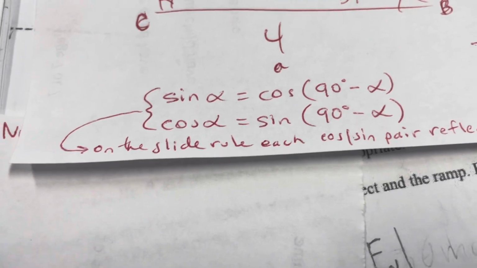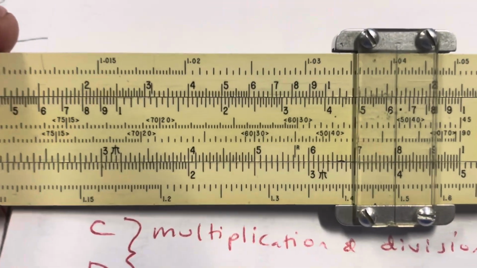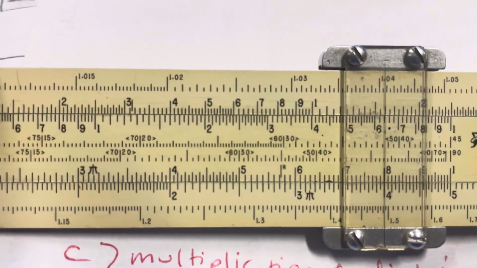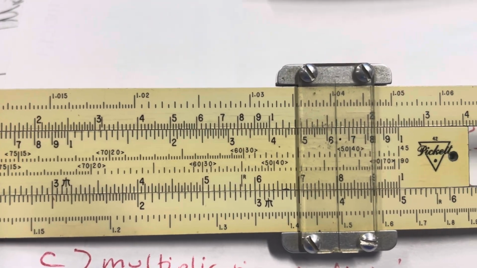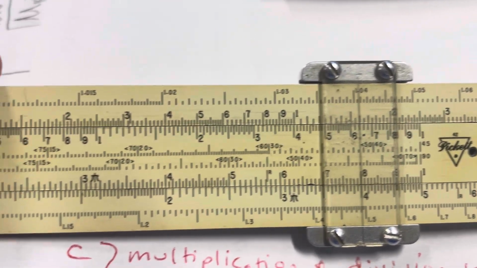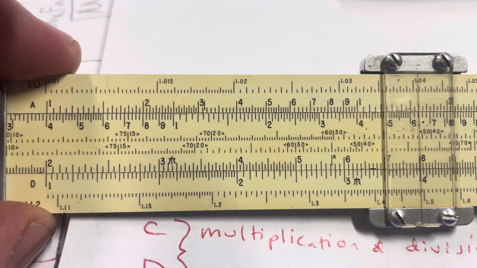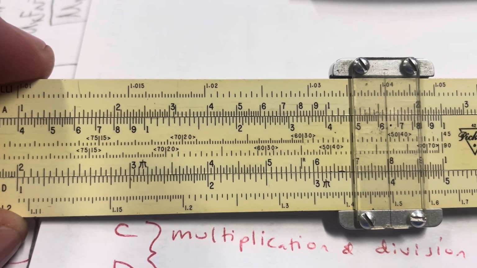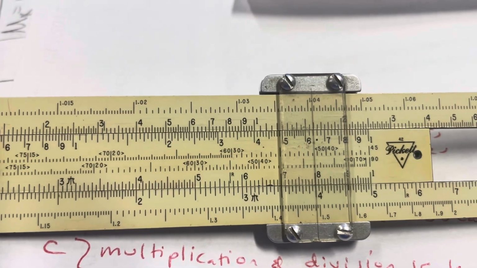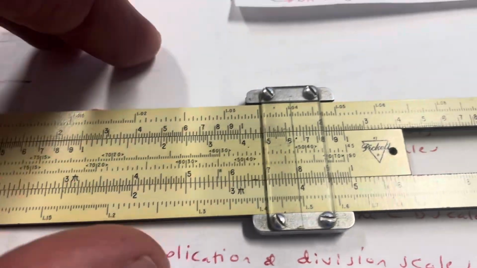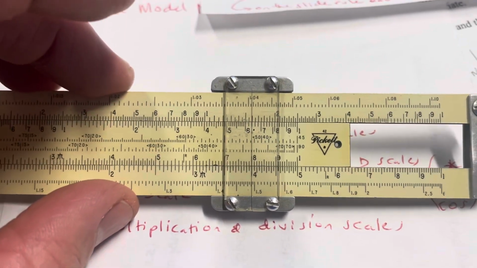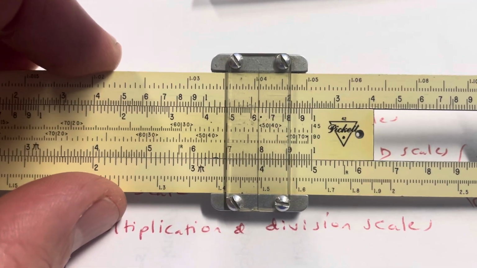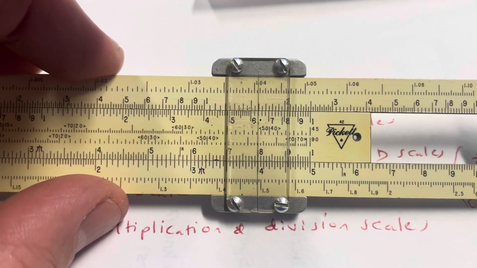If you look at all these very small numbers, we got 60 and 30 is 90, and 50 and 40 is 90, right? And over there we got 75 and 15 is 90. So all those relationships, on the left side is the cosine, and the right side is the sine of the angle.